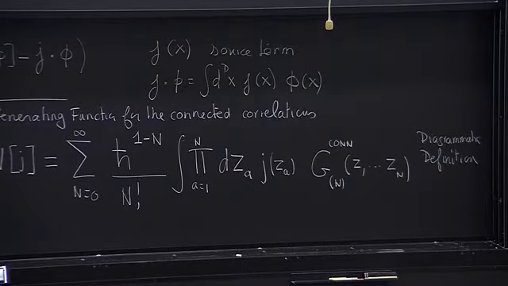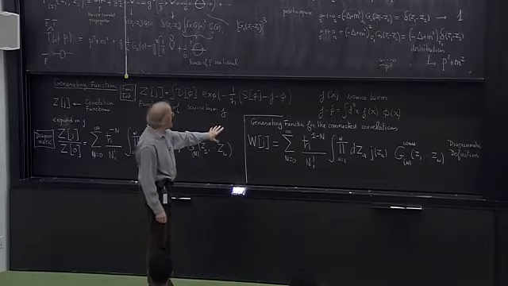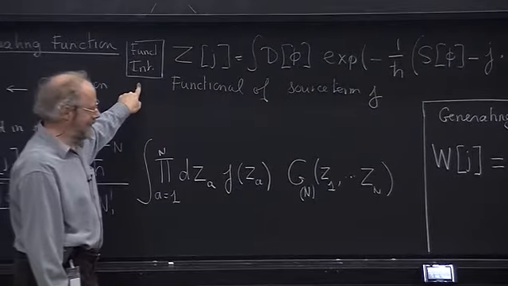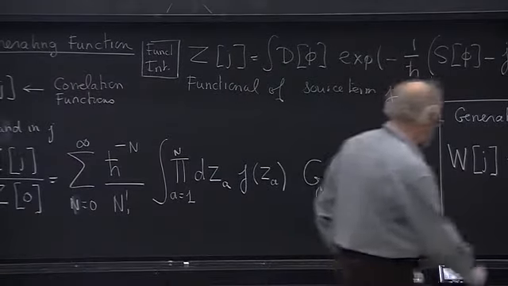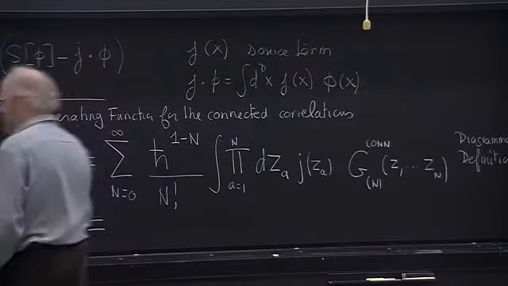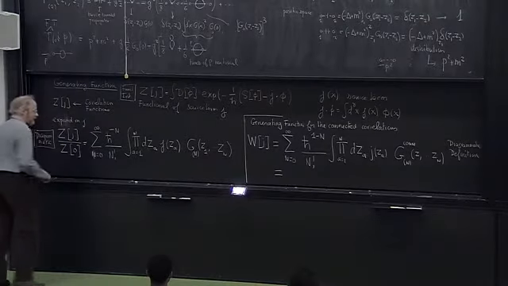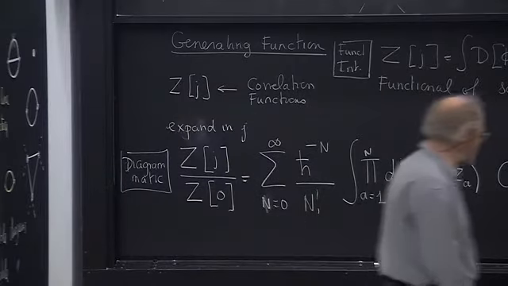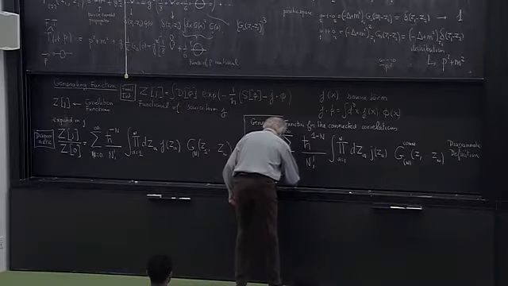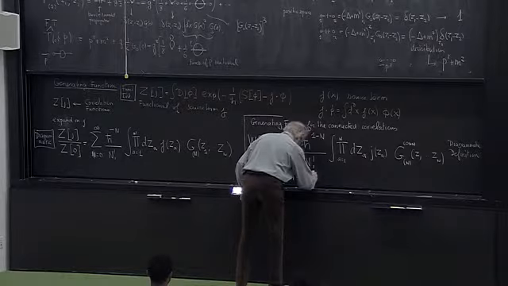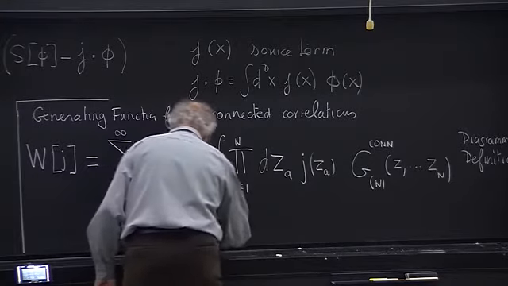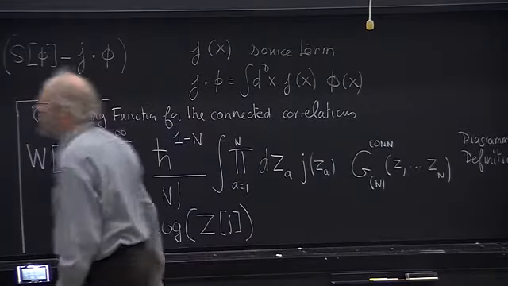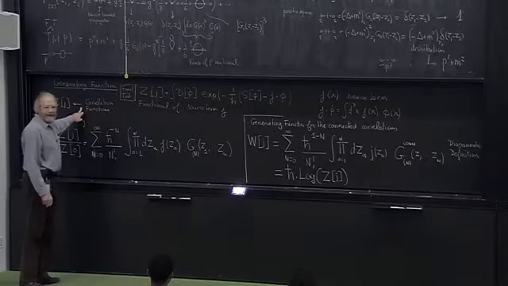The question is, is there a similar path integral definition for this one? And the answer is yes, and the answer is very simple. That's something that you have probably met in statistical mechanics. W of g is just h bar times the logarithm of the generating functional for the correlation functions.